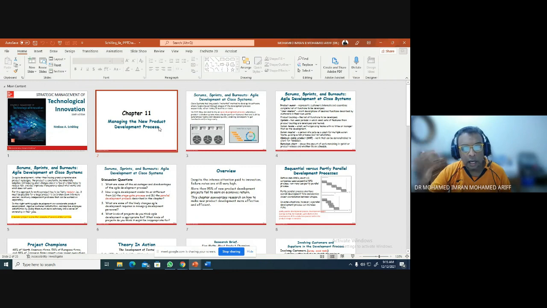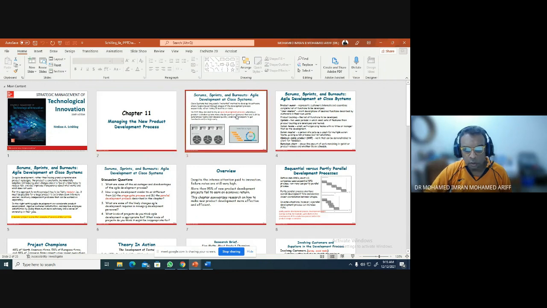Okay, so when we develop products and new services, we need to develop them using a certain process, a certain method, and these methods have to be in accordance with certain criteria, certain outcomes, and a certain flow.